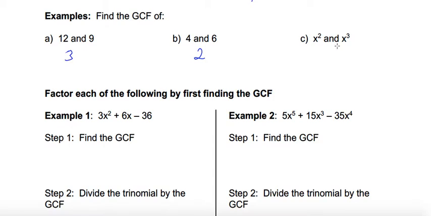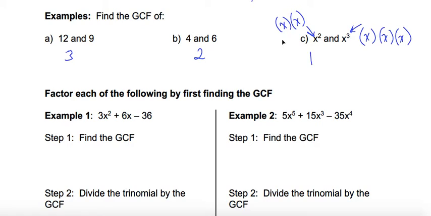And then, what is the greatest common factor that will divide evenly into x squared and x cubed? You might think it's just 1, because there's an imaginary 1 in front of each of these terms. But when we're dealing with variables, we have to think about our exponent laws. x to the power of 3 can be written as x times x times x, and x squared can be written as x times x.